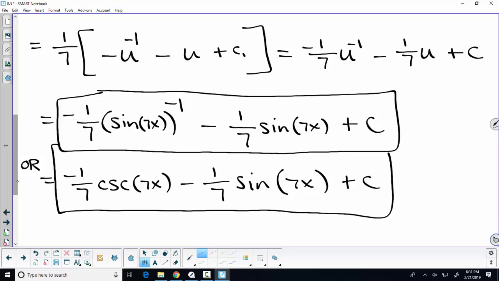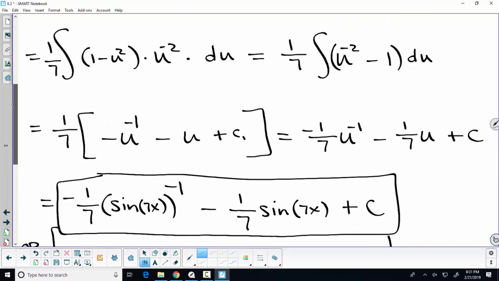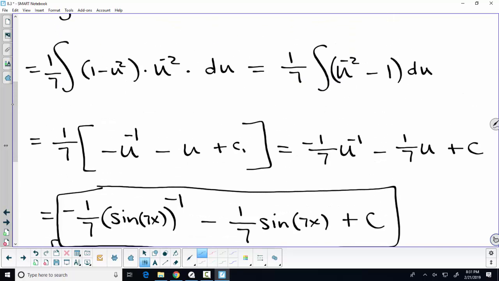So why did we not make that natural log, since u to the negative 1 is just 1 over u? No, because we've already taken the antiderivative. It came from the antiderivative of u to the negative 2. So from here, you could have written it as negative 1 over u, which is negative 1 over sine 7x.